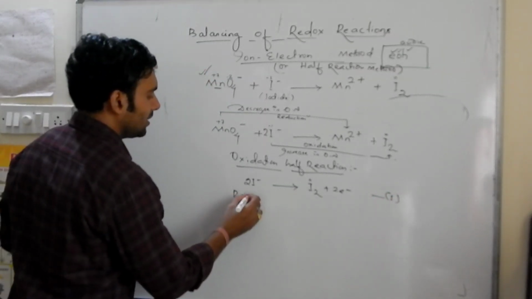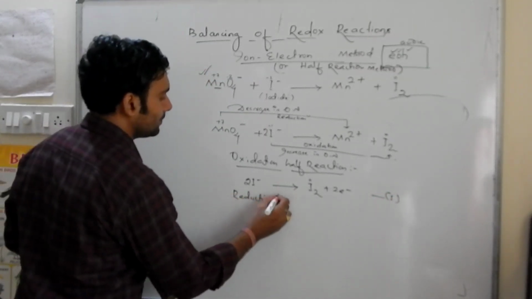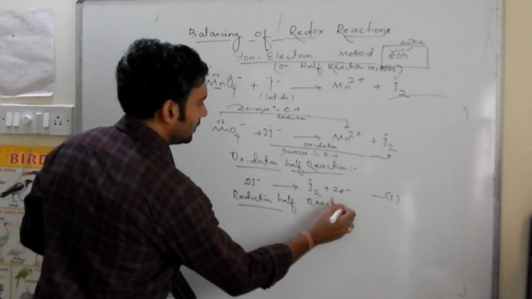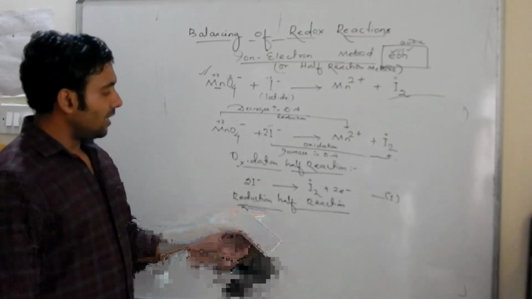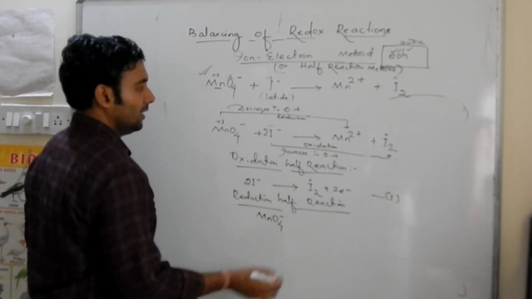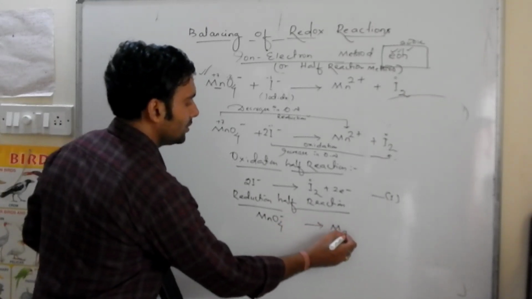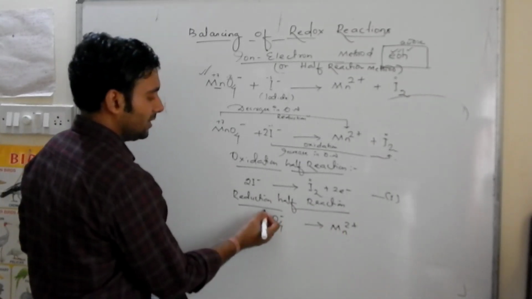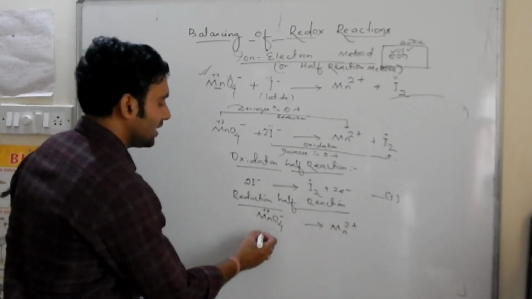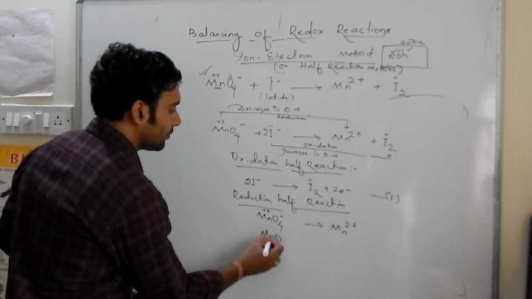Then let us discuss the reduction half reaction. Here the permanganate ion changes to Mn2+. The manganese oxidation number is +7. So +7 to +2 means there is an acceptance of 5 electrons.